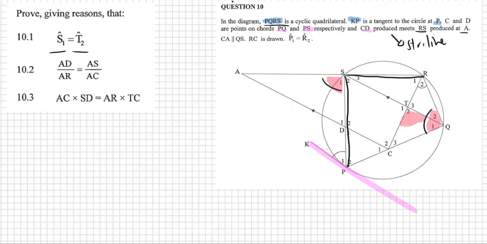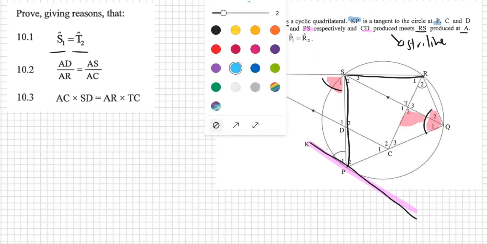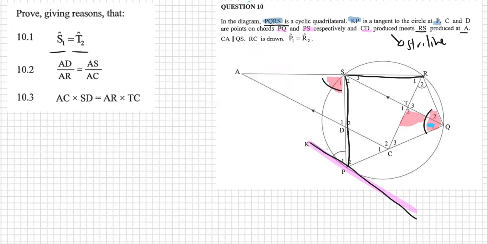So if I look at Q1 first, we were given that KP is a tangent. So if I take a look at Q1 first, I will see that Q1 is equal to, you look at this triangle here. So that's going to be equal to P1 because of the converse tan chord theorem.